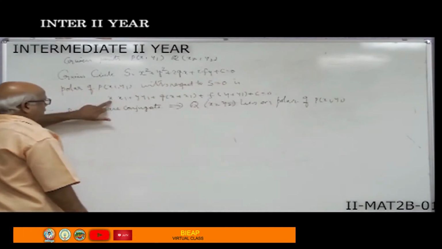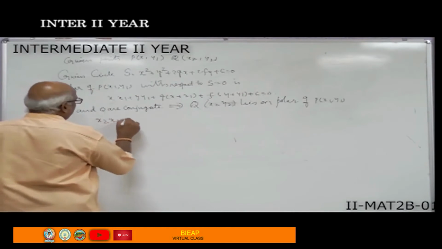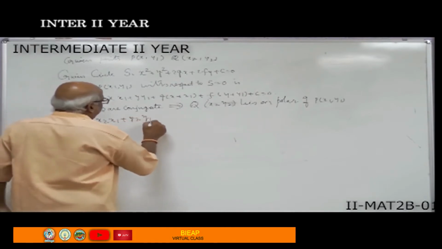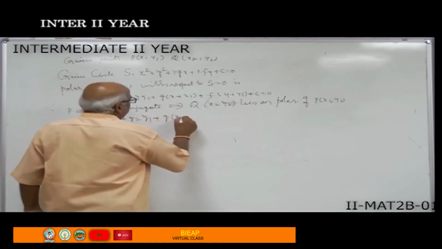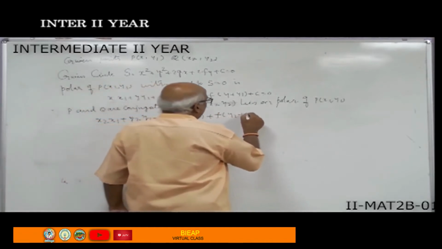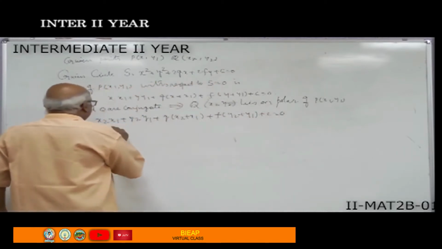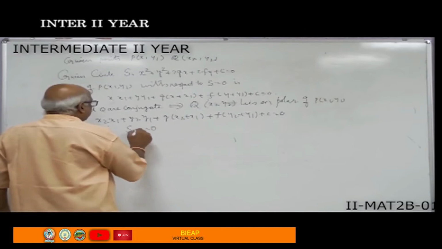Polar of P x1 y1 we knew. Let us substitute here. x2 x1 plus y2 y1 plus g into x2 plus x1 plus f into y2 plus y1 plus c equal to 0. That is S12 equal to 0.